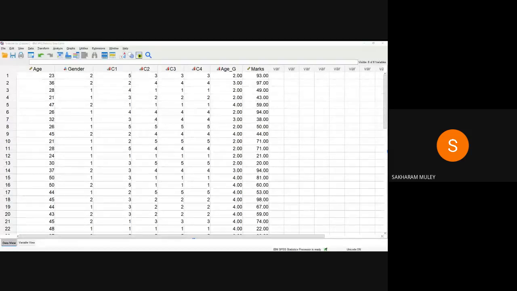Why independent t-test? Because male and female are two independent groups. There is no relationship between the individuals belonging to the male group and the female group. So I want to find out whether the difference is significant or not. And my alternate will be there is a significance of difference for average marks when compared between male and female.